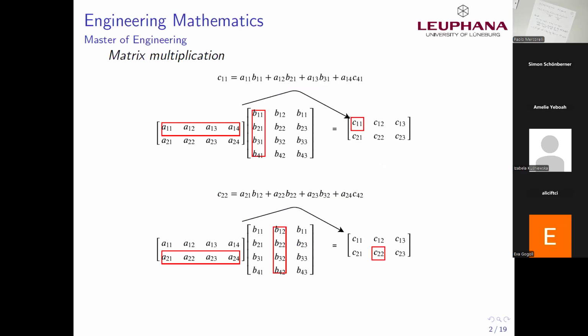Let me start with this slide here. Quickly, as I told you, I skipped the definition of a matrix. What is a matrix? A matrix is a table of values. As a table of values, it has many properties, a lot.